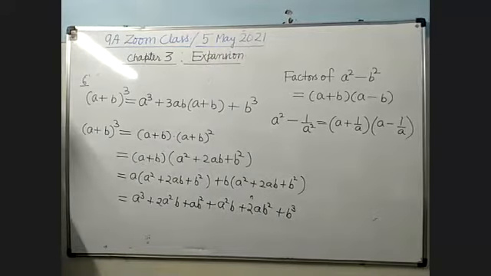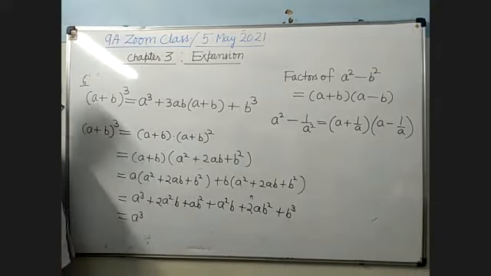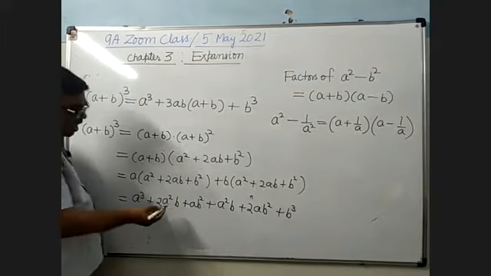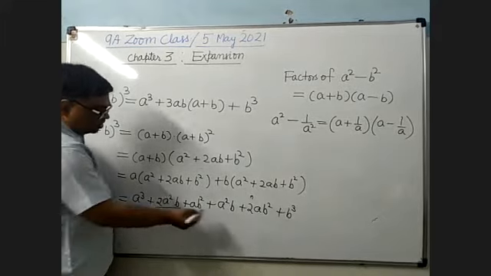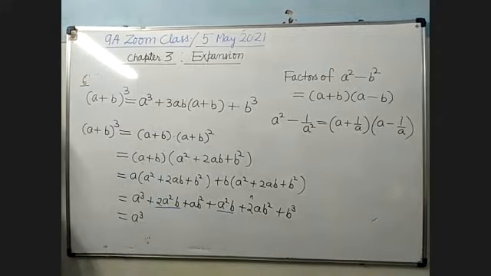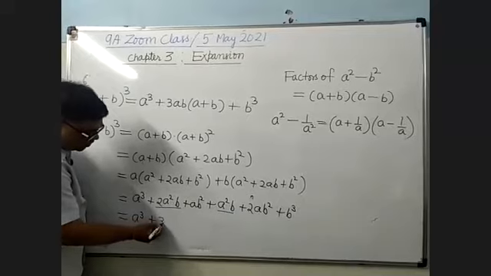It is clear? Now you simplify. a cube. If you see here, these are the like terms. This and this are like terms. 2a square b plus a square b equal to how much? 3a square b.